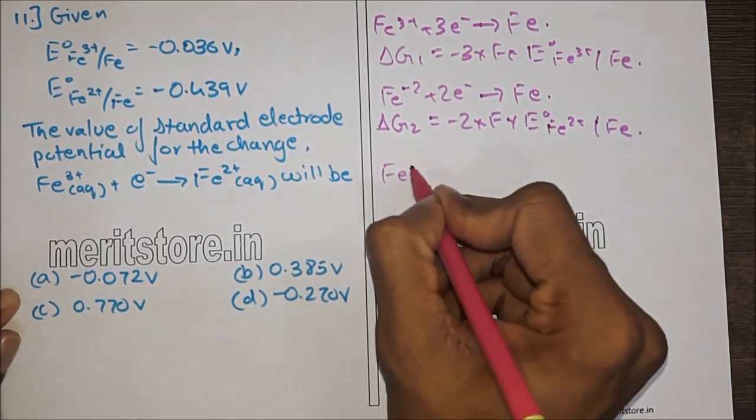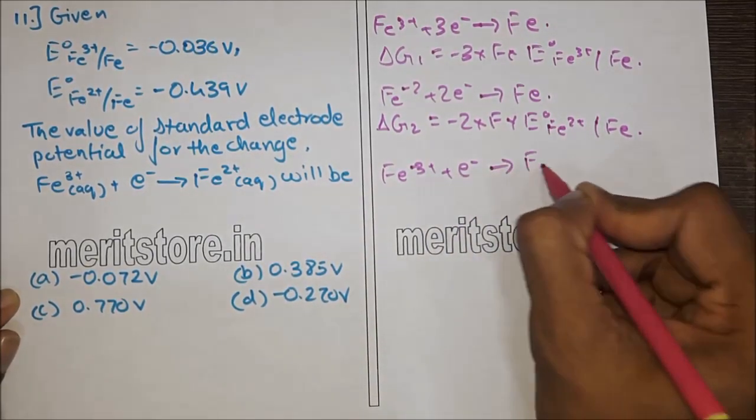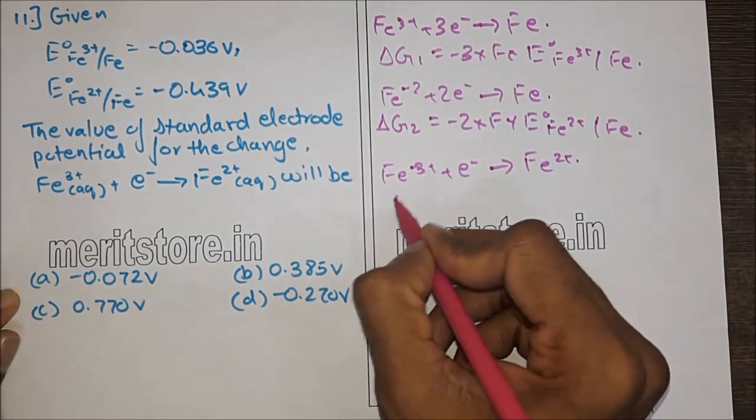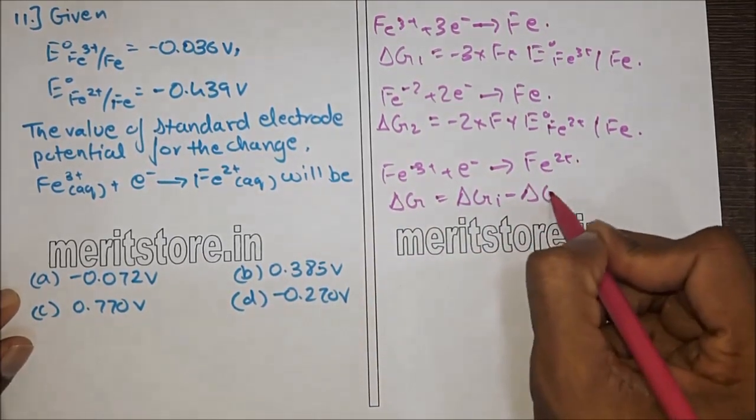And for Fe3+ plus e, the return will give us Fe2+. So we get delta G is equal to delta G1 minus delta G2.